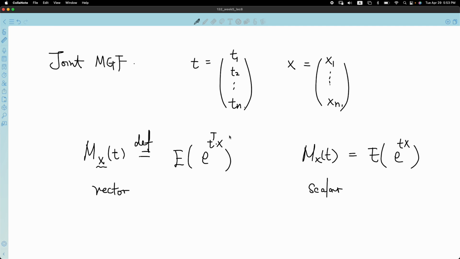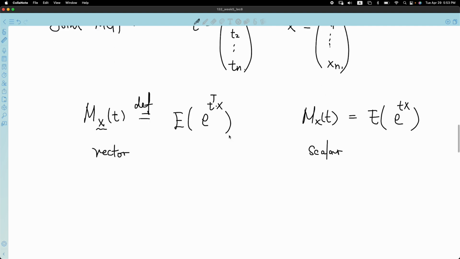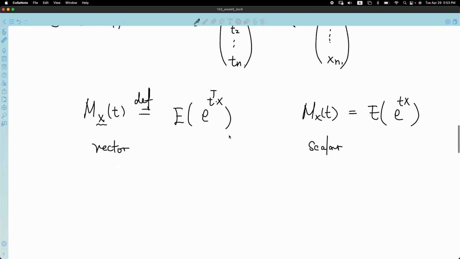Any questions, comments? Let me comment a little bit on the inner product. Here you have the t vector of t1 to tn, and the x vector of x1 to xn.